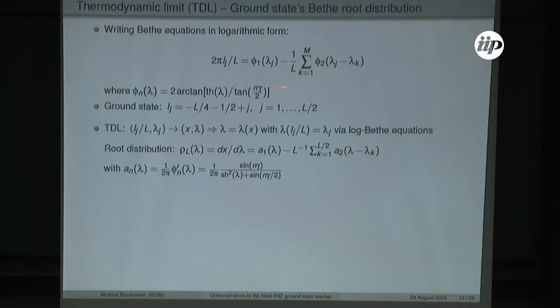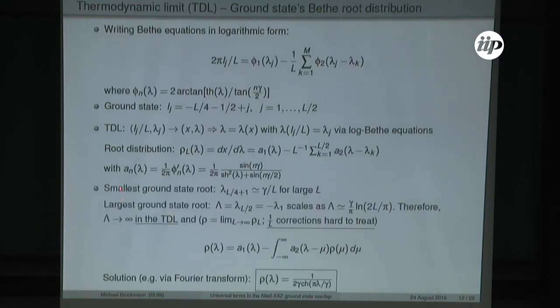All these functions here, phi and a, are explicitly given in terms of the anisotropy parameter gamma. For the ground state, you have L over 2 many beta roots lambda, and for later purposes we need the scaling of the largest rapidity and the scaling of the smallest rapidity.